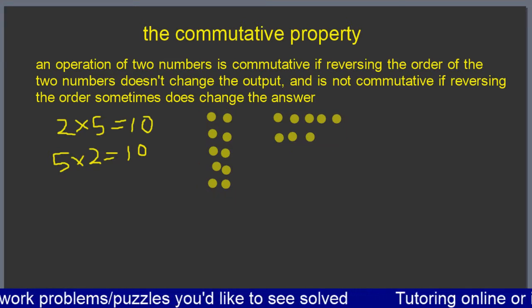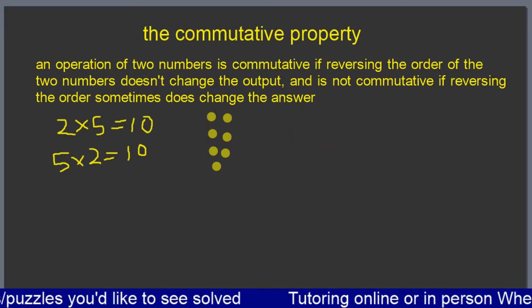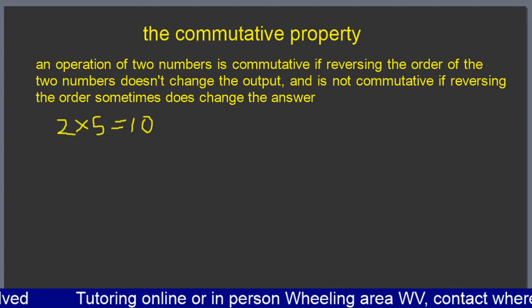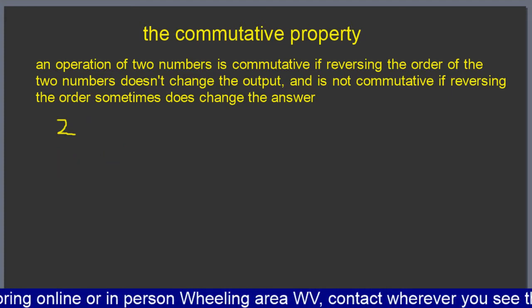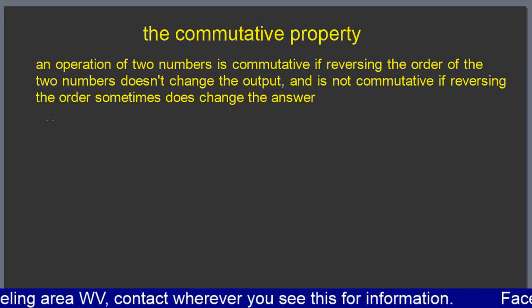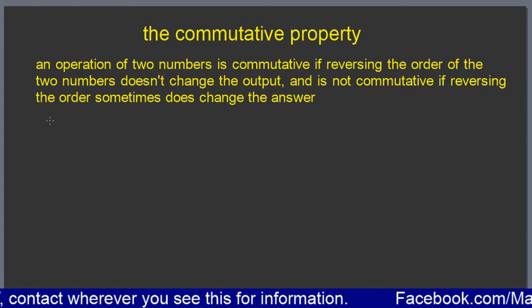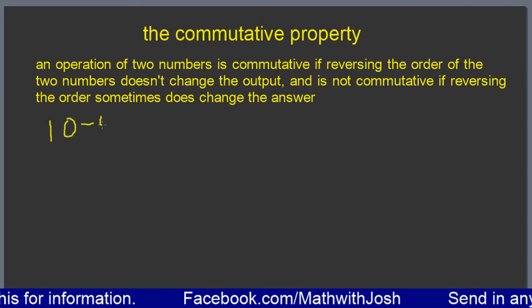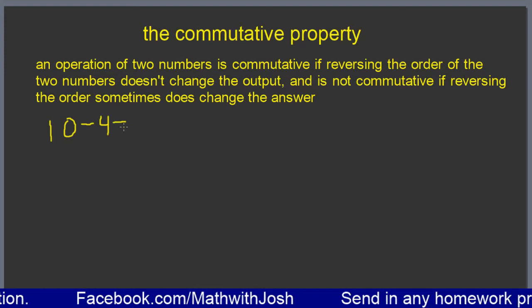Now it's also important, I think, to look at an operation where the commutative property does not hold. And one good example is subtraction. So let's see. So 10 minus 4. 10 minus 4 is 6.